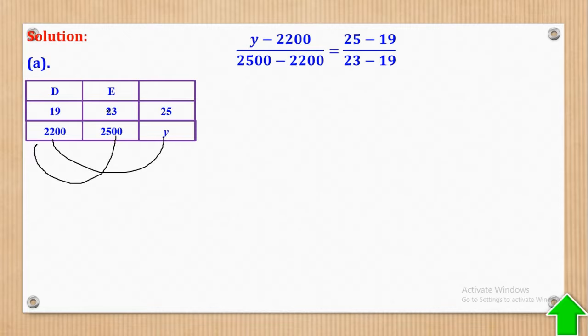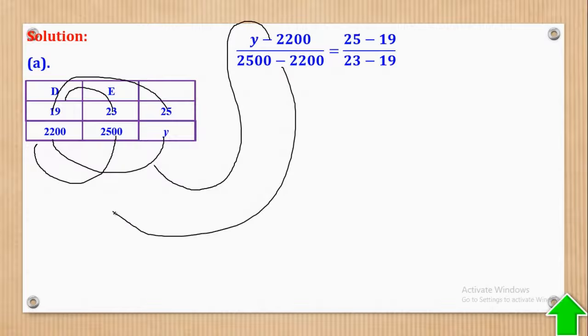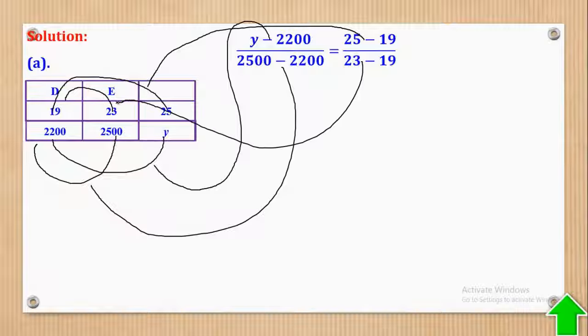Then for the x, you could do the corresponding one, so it will be 25 minus 19 divided by 23 minus 19. So that is why you see this one here and this one here. Then you see this one here and this one there.